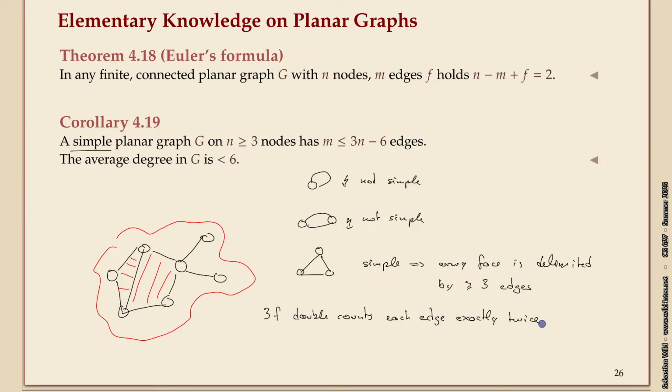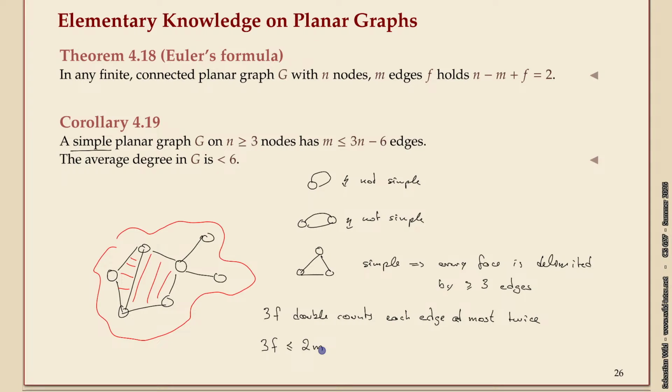Okay, I guess that's not true as I wrote it here. Summing over the edges that delimit a face would count every edge twice. If I say I use the minimal number, as it's at most. So I get a bound on the number of edges.